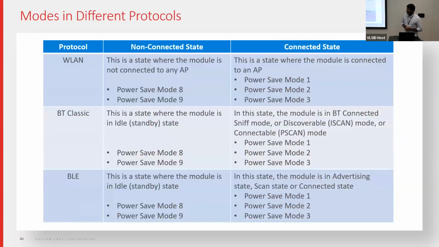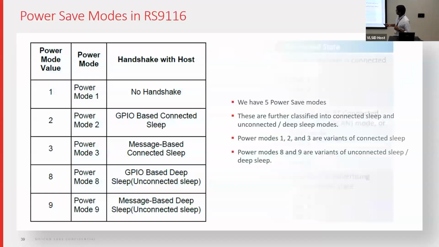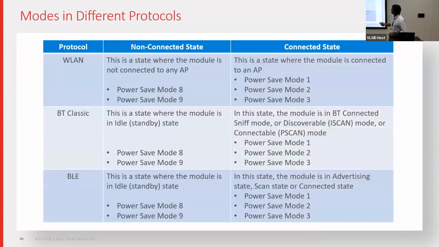We have different protocols, so how do we implement this power save feature in protocols like Wi-Fi, Bluetooth, and BLE? We deal mostly with Wi-Fi, Bluetooth, and BLE. You can see two states: the connected state and the non-connected state.